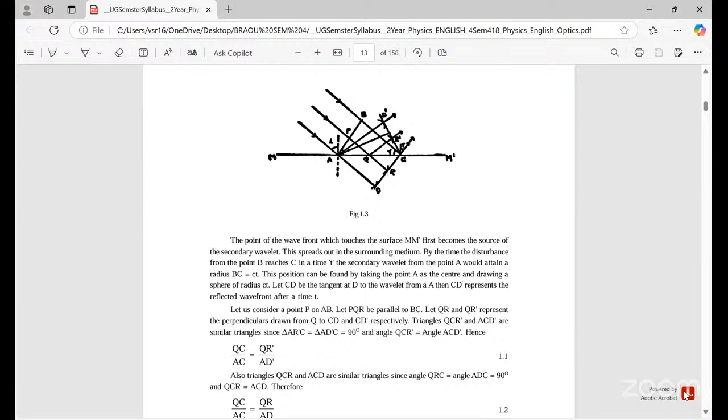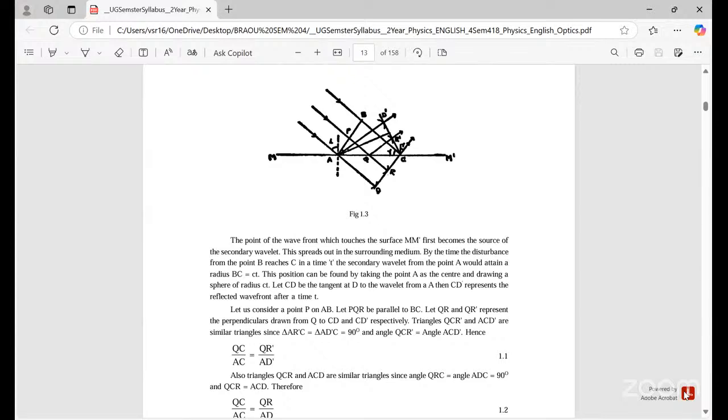There should be the disturbance from the point B, which is going to reach the point C at a time small t, and the secondary wavelets from the point A would reach a radius BC equals small r.